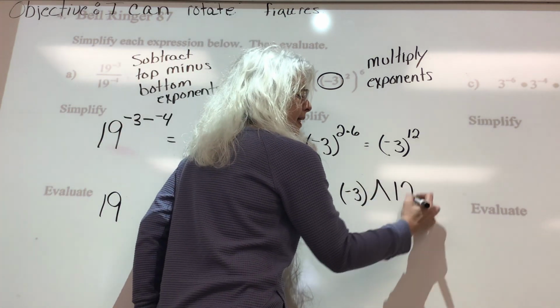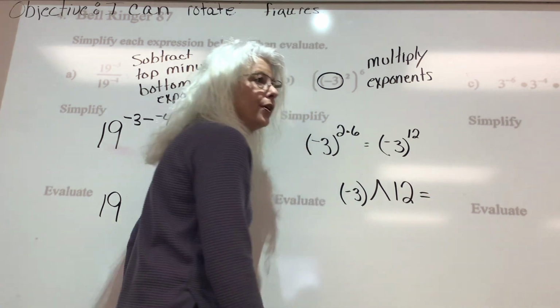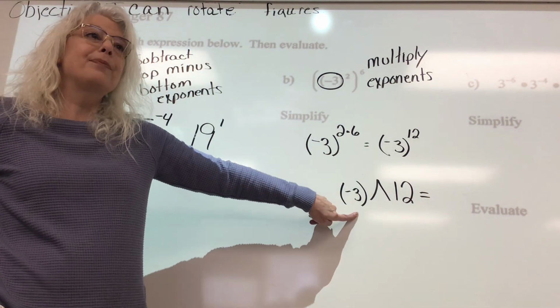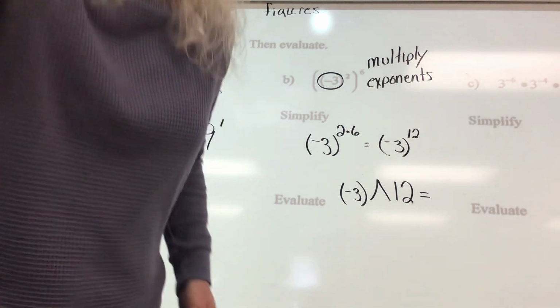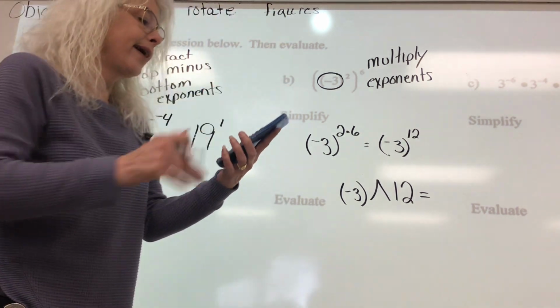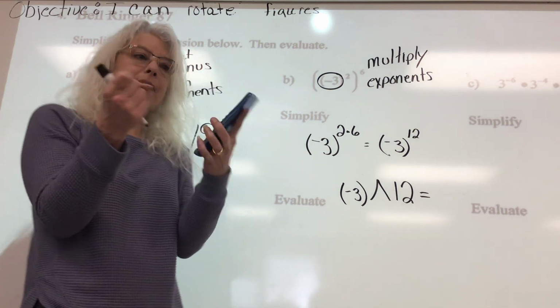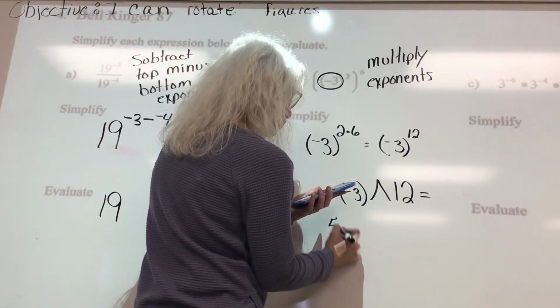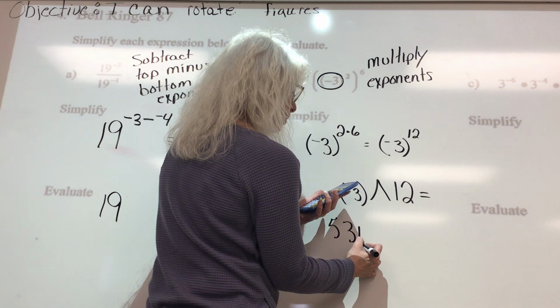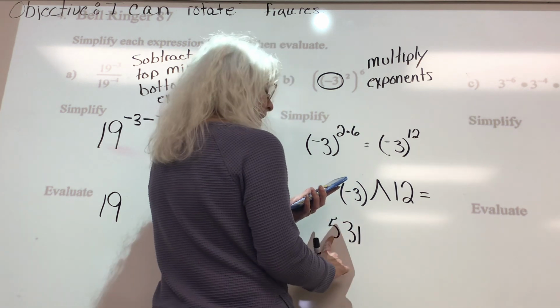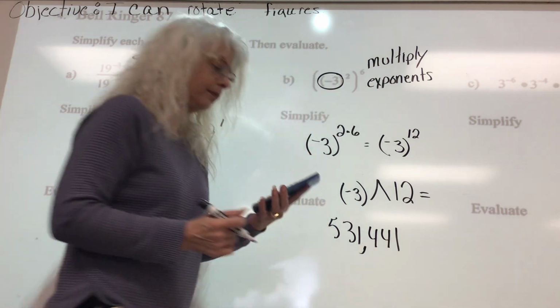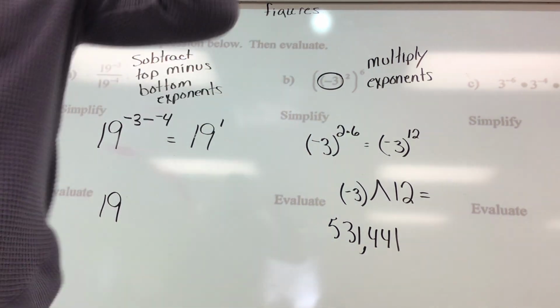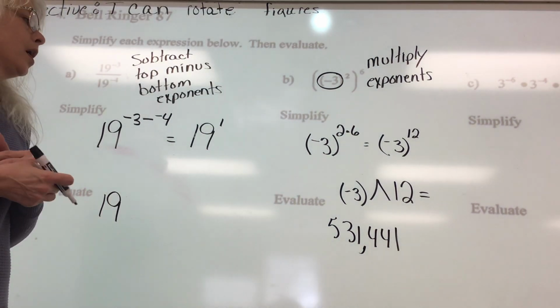Then you would put in the exponent and then hit enter. If you do not put this in parentheses, you're going to get the wrong answer. And Me Too has it up on his calculator in parentheses. Good job on that. So this is 531,441. Thank you, Me Too.